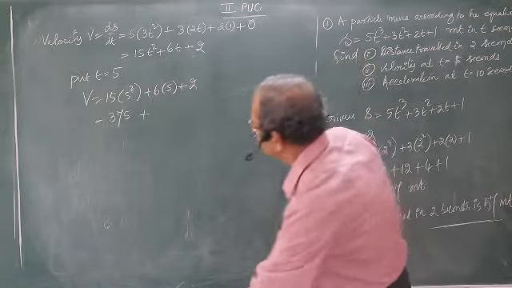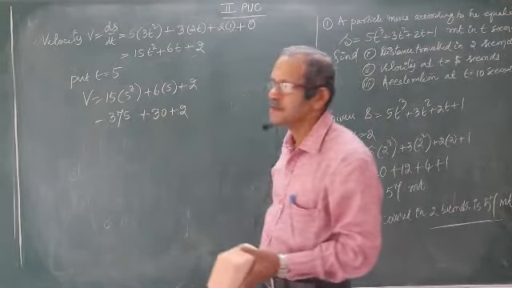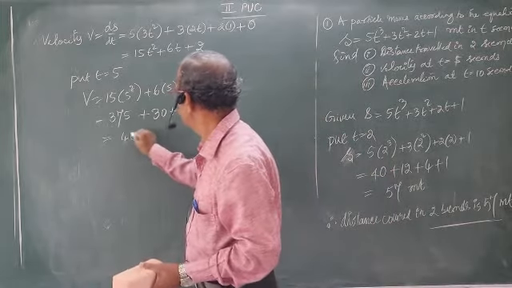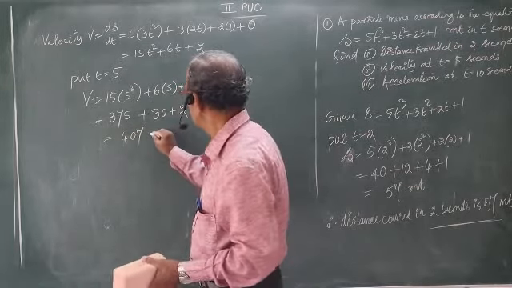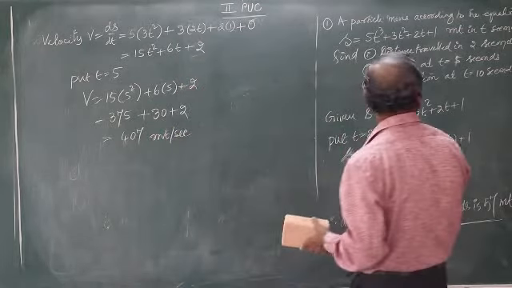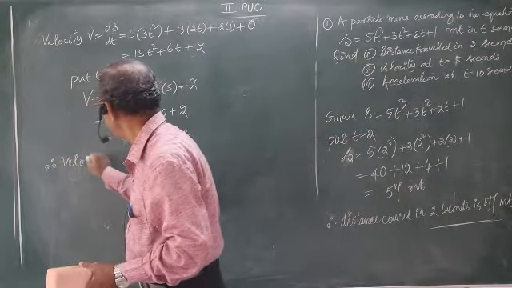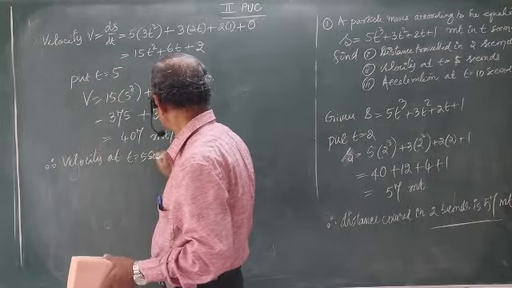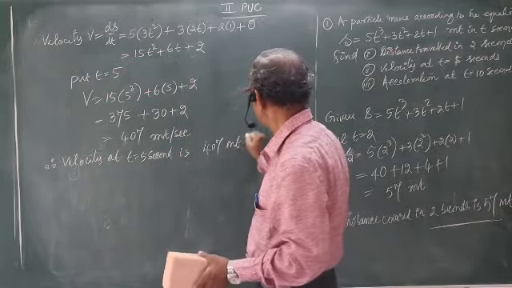Yes, so it is 375 minus 30 plus 2. 407 meter per second. Velocity. Let me write the answer. Therefore, velocity at t equal to 5 second is 407 meter per second.